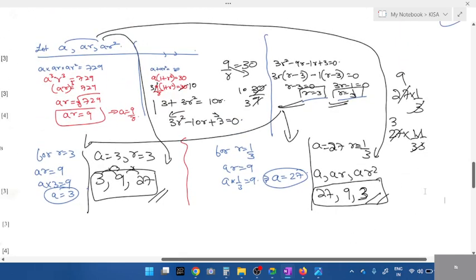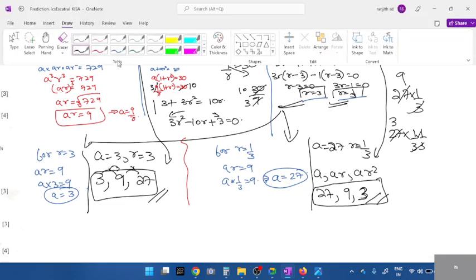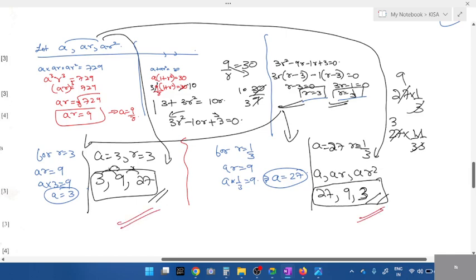Just go through this calculation part, whatever I've done. Completed. Shall we do the next one?